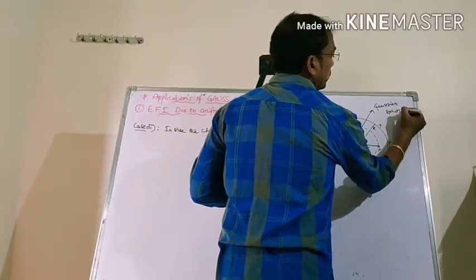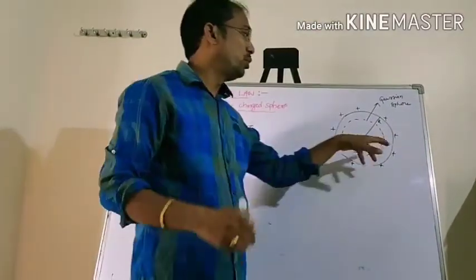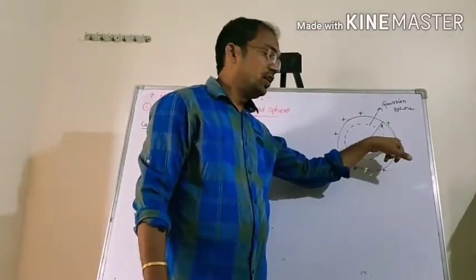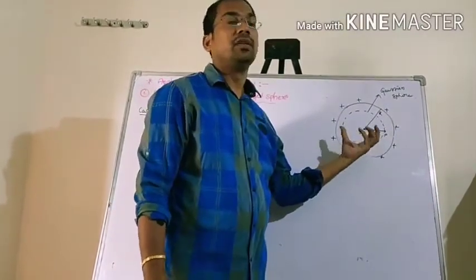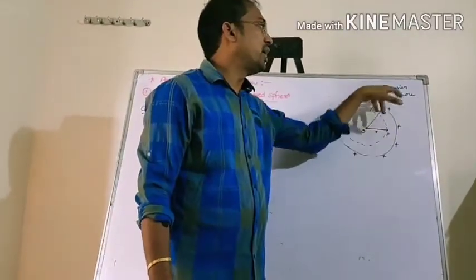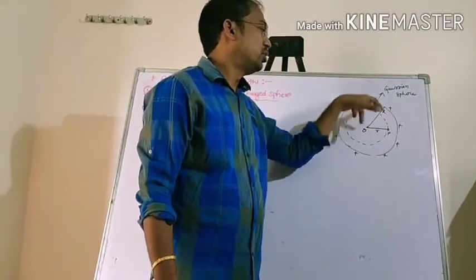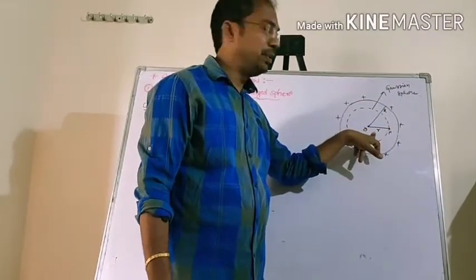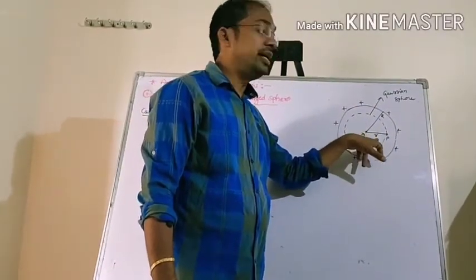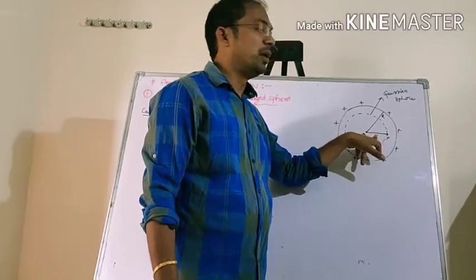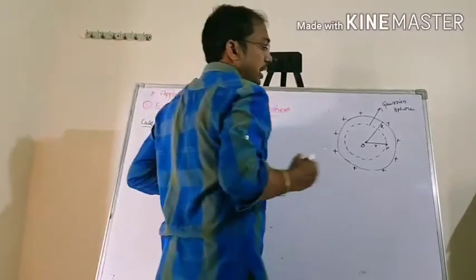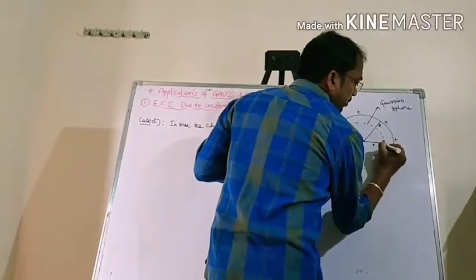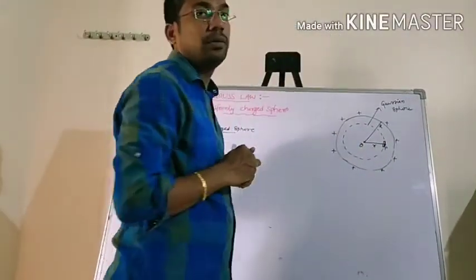So in order to determine the electric field intensity at P, which is inside the sphere, construct a Gaussian sphere. The radius of this Gaussian sphere will be small r. Next, consider a small area at P.